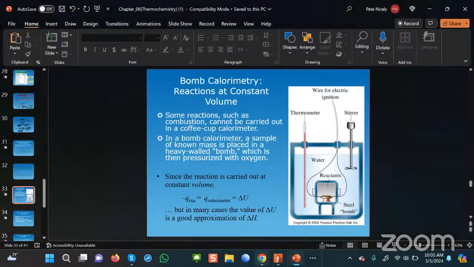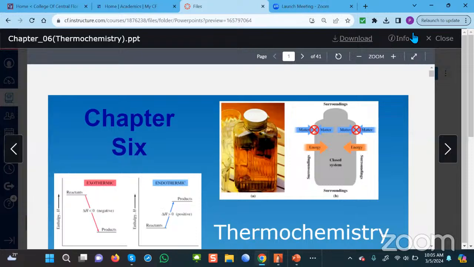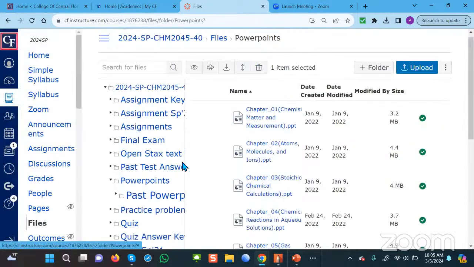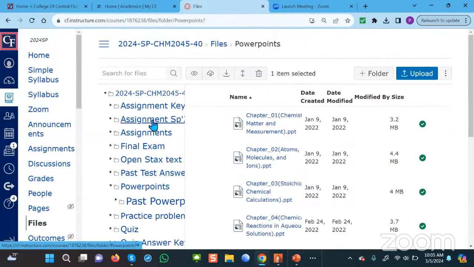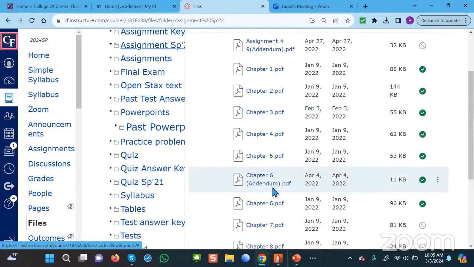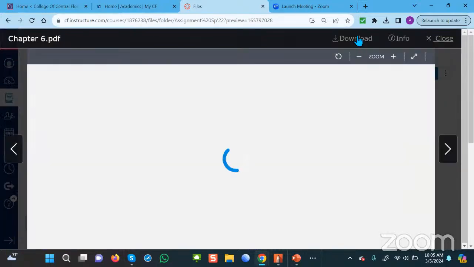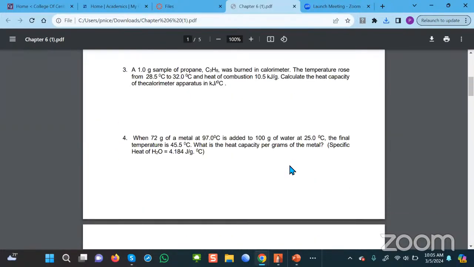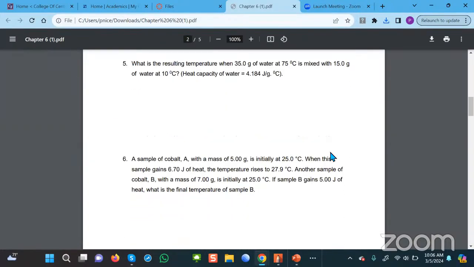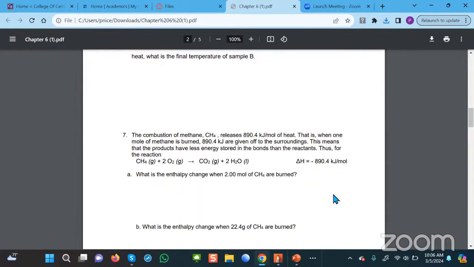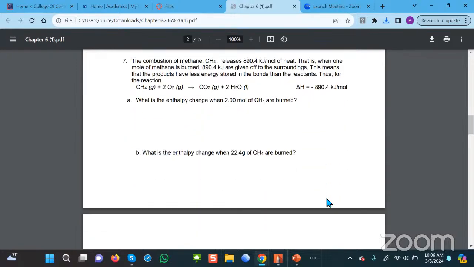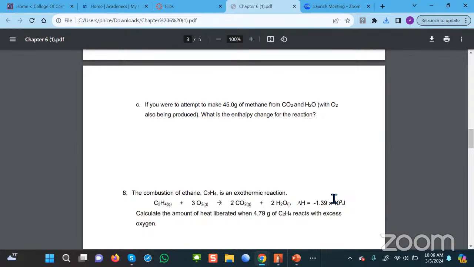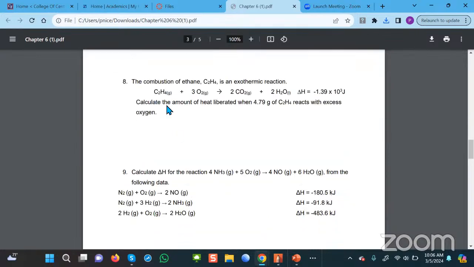Let me see if I can bring that assignment up. That's assignment number 6. Based on what we have covered so far, you should be able to do all questions up to and including question number 8.